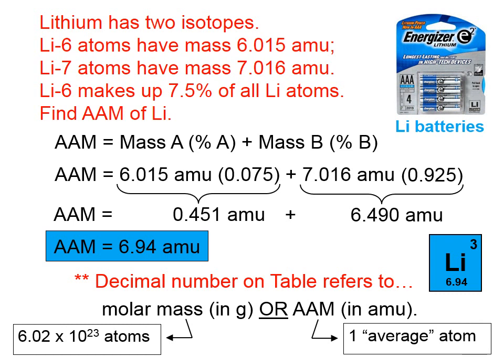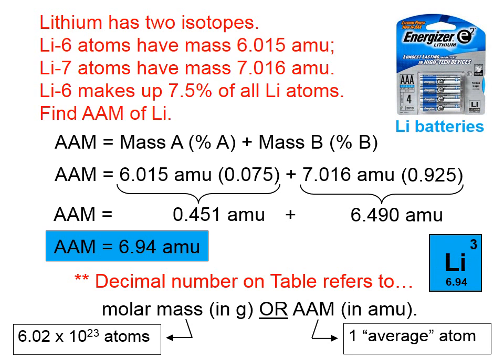In other words, if you have Avogadro's number, 6.02 times 10 to the 23rd lithium atoms, some of them will be lithium-6, some of them will be lithium-7, but that many lithium atoms is going to have a mass of 6.94 grams. Your average lithium atom has a mass of 6.94 AMUs.